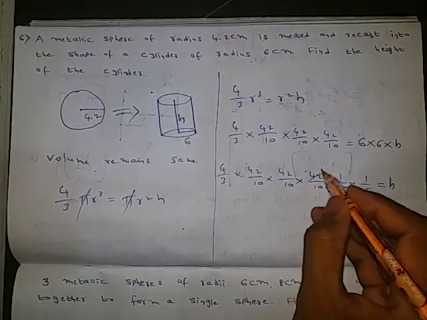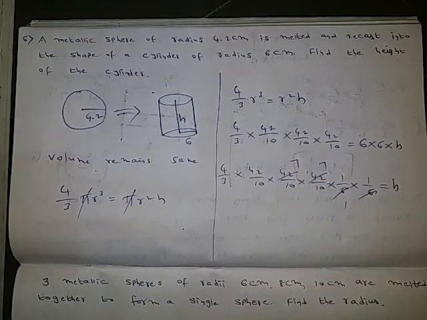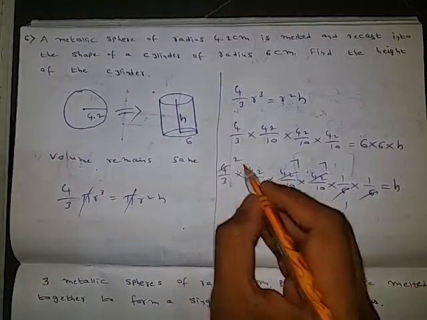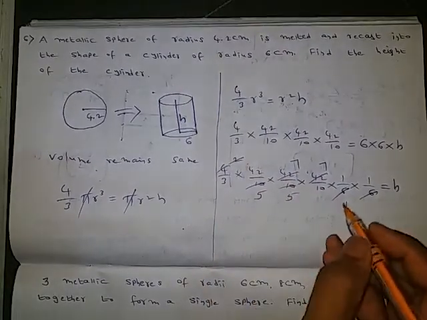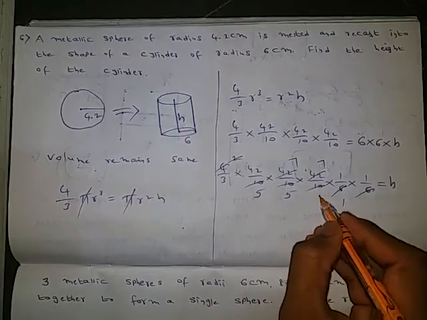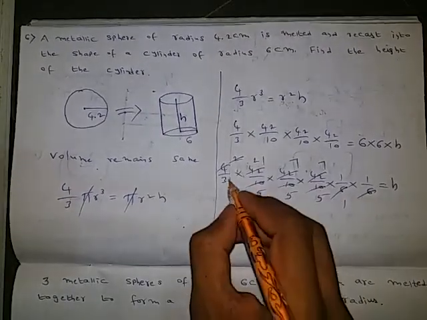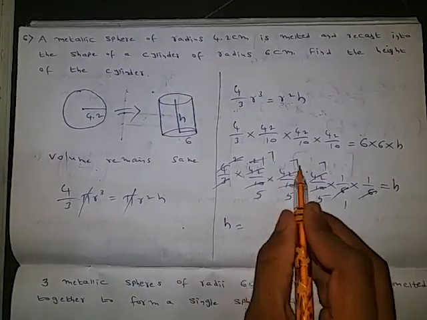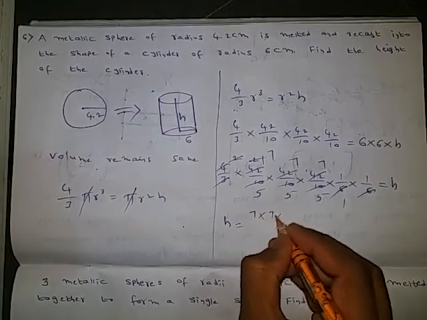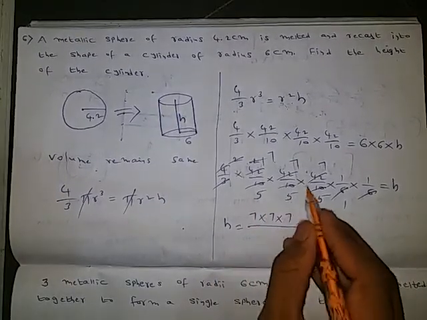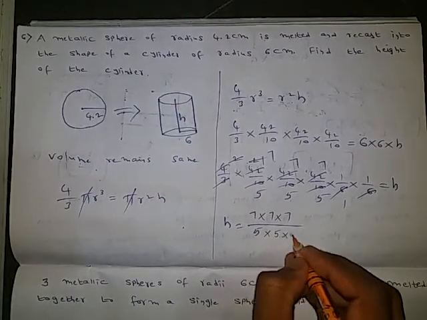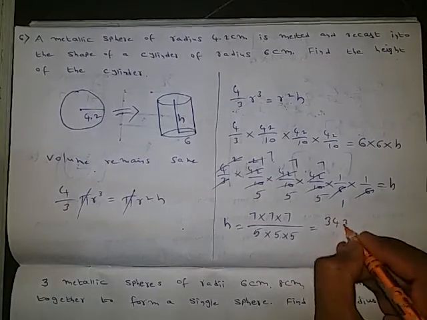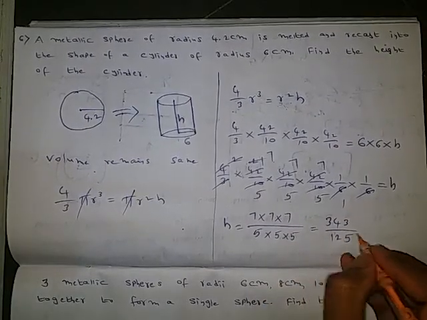6 ones are 6, 7 sixes are 42, and so on, cancelling the common factors. So height is equal to 7 into 7 into 7 divided by 5 into 5 into 5, which is equal to 343 divided by 125.